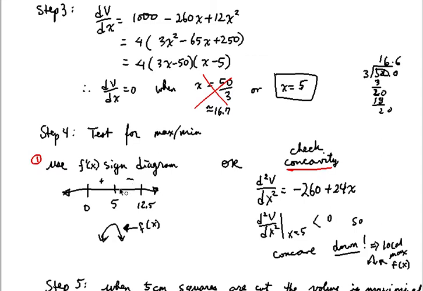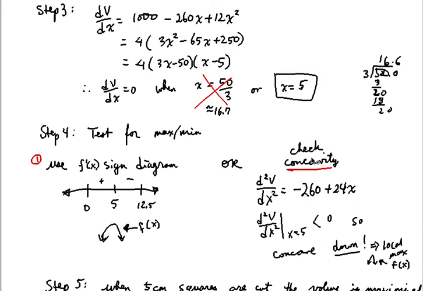If I plug in something bigger than 5 and less than 12.5, for instance 10, I will end up with a positive times a negative, and so this will become negative over here. So my sign diagram tells me that it's increasing then decreasing. My f of x is increasing then decreasing, so I have a maximum here.